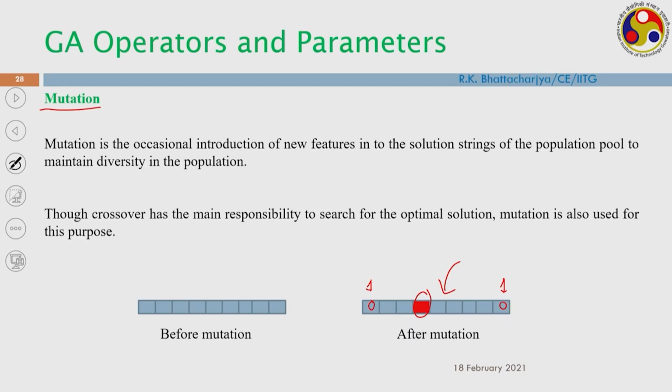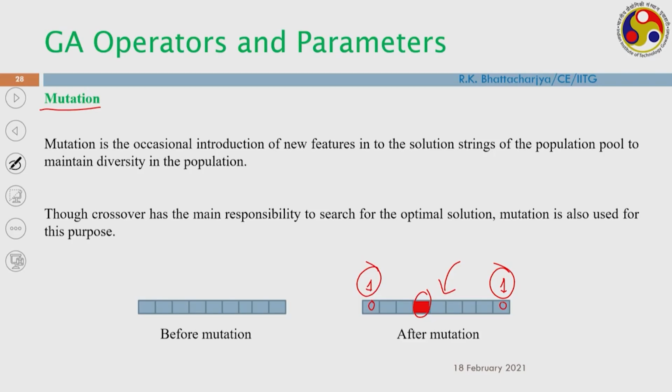Therefore, the right hand side bits are the less significant bits. If there is a change in such a bit, the corresponding change in the decoded value is very small, but if there is a change in the leftmost bit, the corresponding change will be very high.